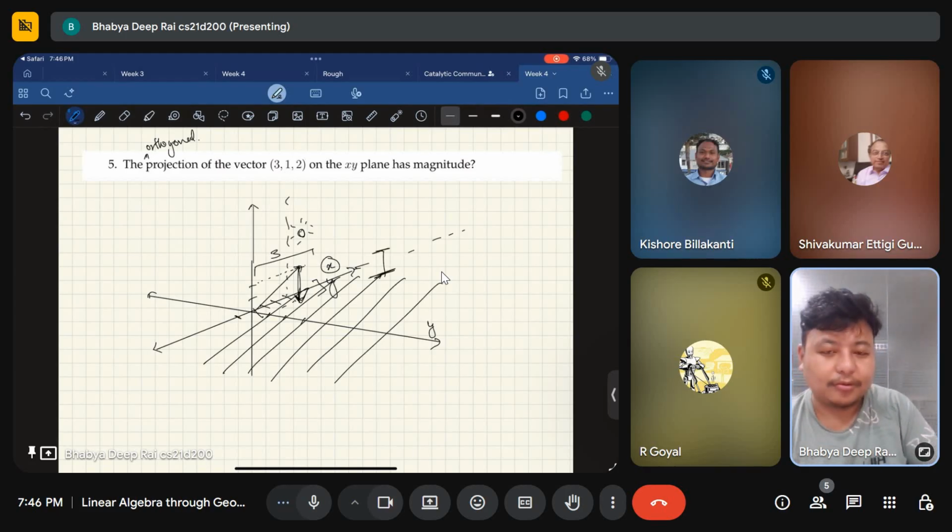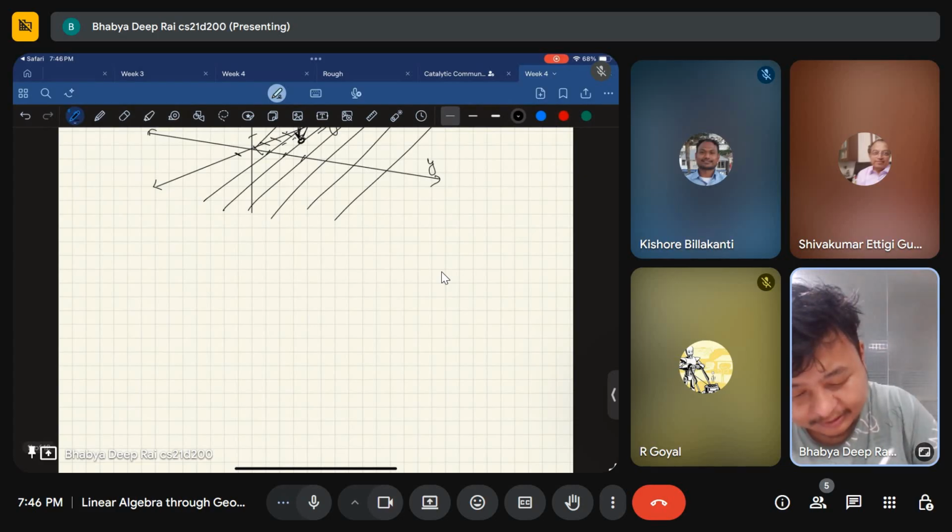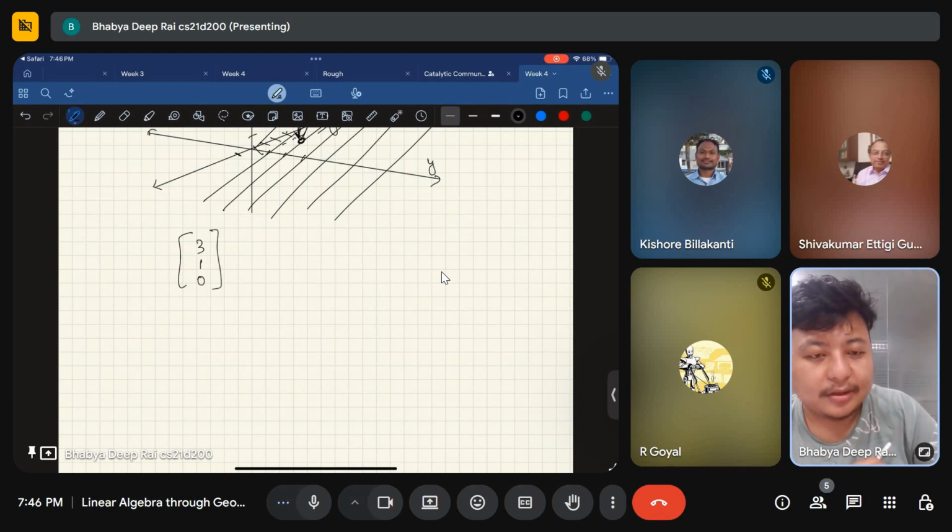Anyway, you don't need this, so this is redundant. So where does it fall below? It falls on 3, 1, 0. Okay, and that is enough. You're setting z equals 0.